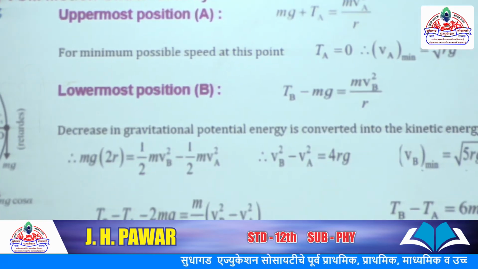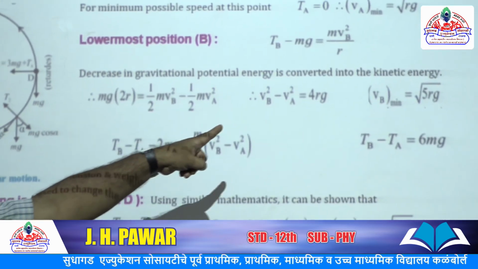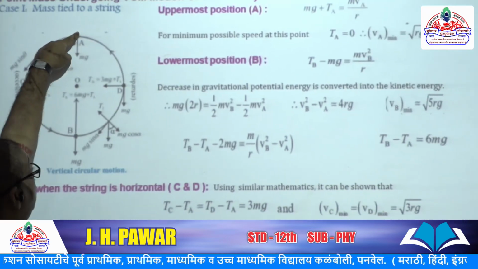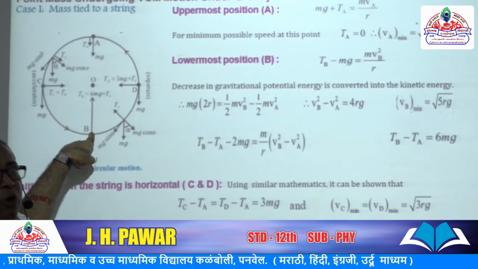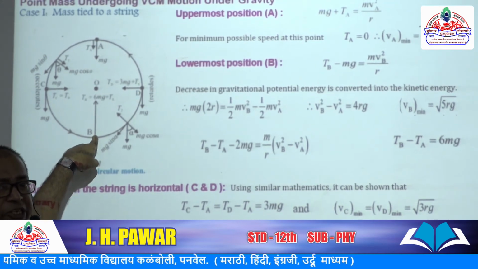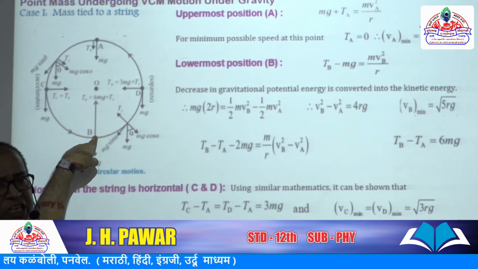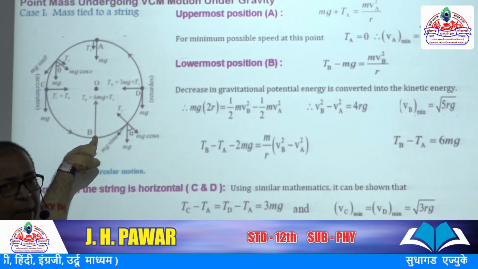Then, look at the thing: the decrease in gravitational potential energy is converted into kinetic energy. When it comes from A to B, its gravitational potential energy goes on decreasing. How much does it decrease? We know that potential energy is mgh. h is a height, mg is constant.